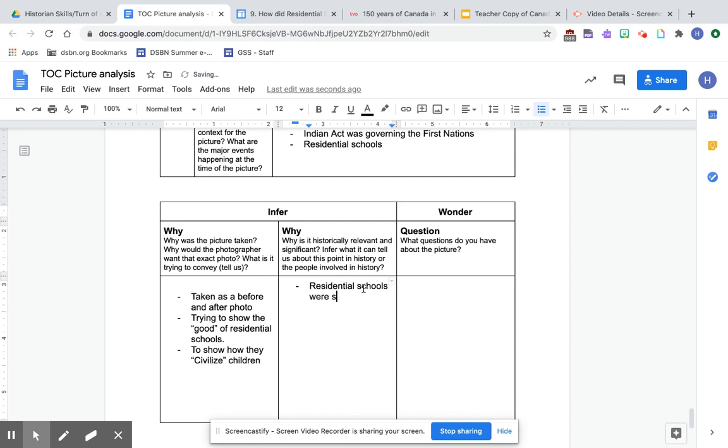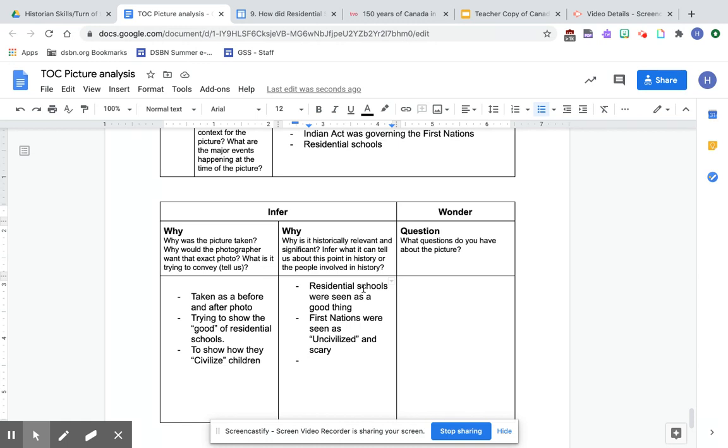Schools were seen as a good thing. First Nations were seen as uncivilized and scary. So that tells us there.